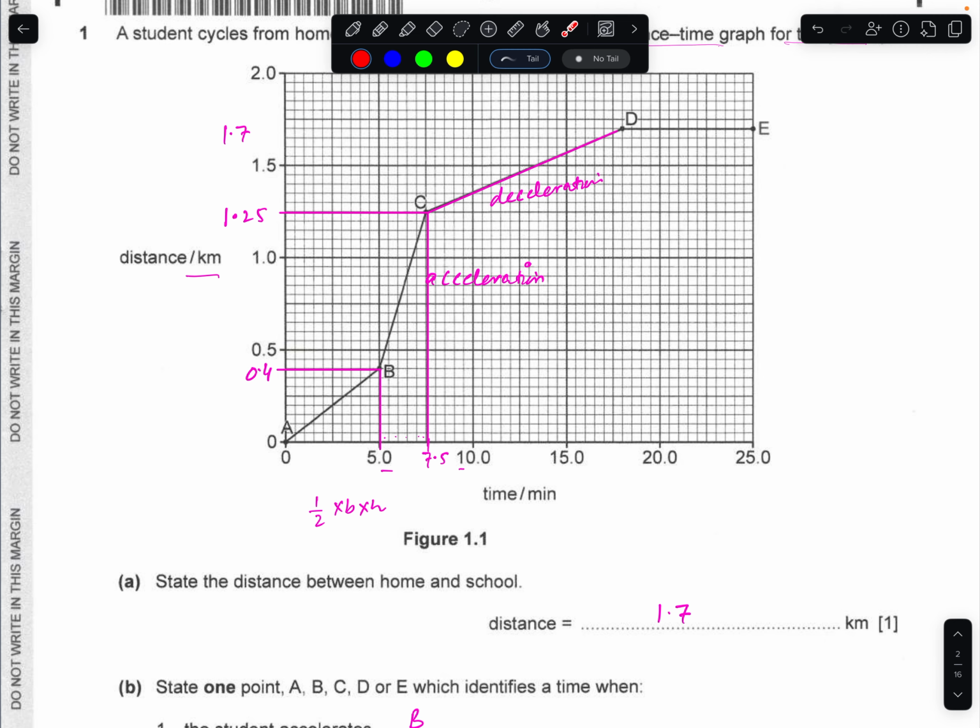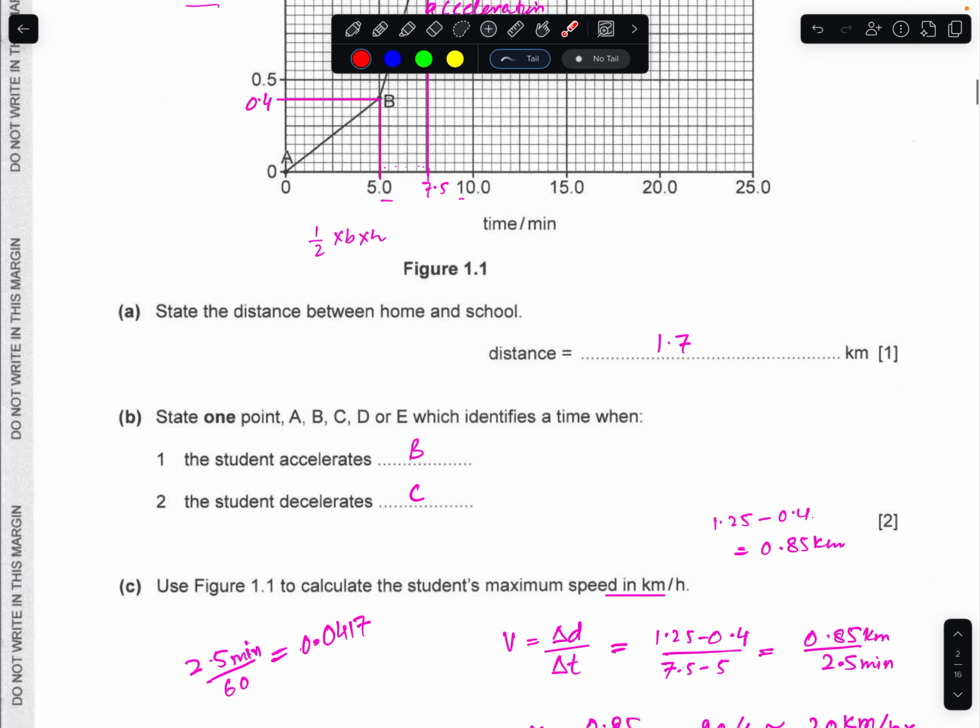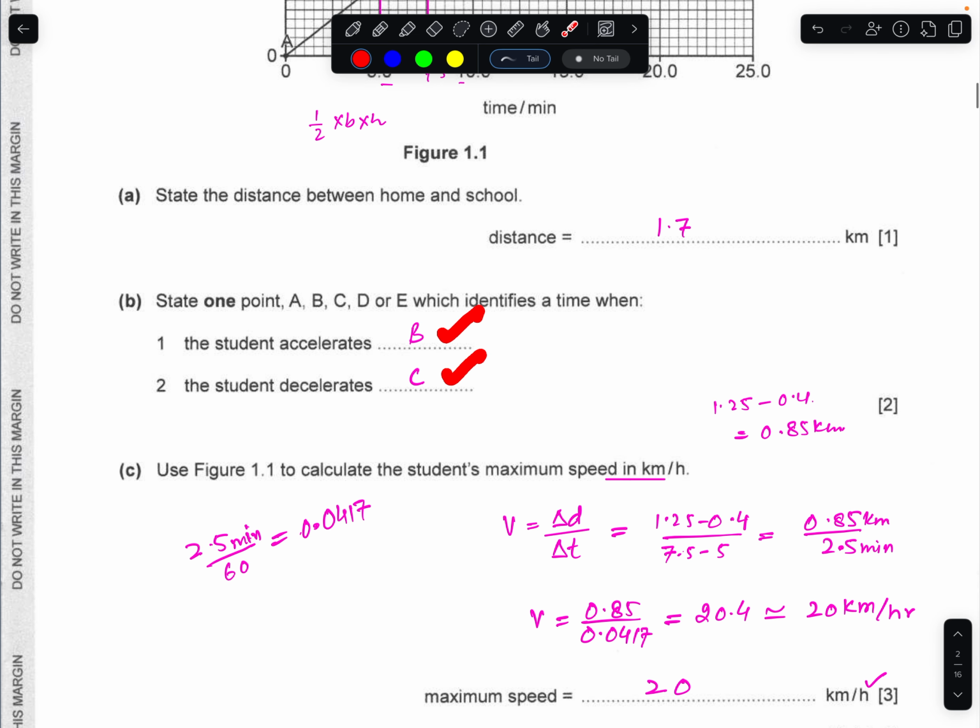The steepest part of the graph is showing you the acceleration, and this part from B towards C is the steepest part, and that represents the acceleration, while the less steep part of the graph is showing you the deceleration. And you can see over here from C onwards towards D, you have the less steep part, and that is showing you the deceleration. So C is showing you the deceleration and B is representing the acceleration.